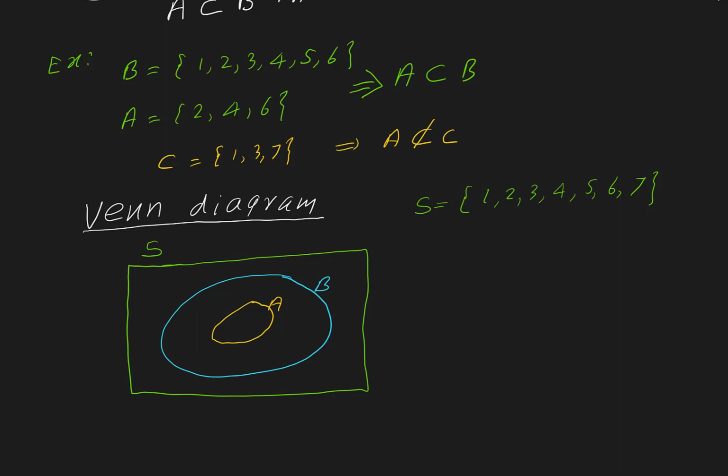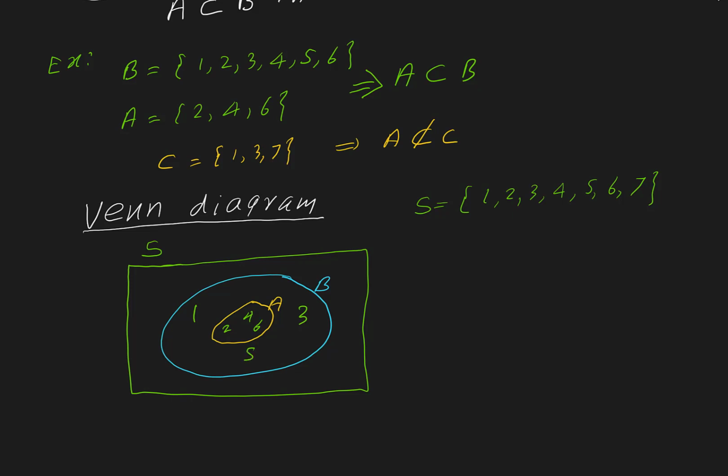Now first go with A because A is in B. Therefore first we fill set A. So 2, 4, 6 in A. Now go to B. B has 2, 4, 6, which are already in A, that means they are already in B. Therefore, we need 1, 3 and 5.